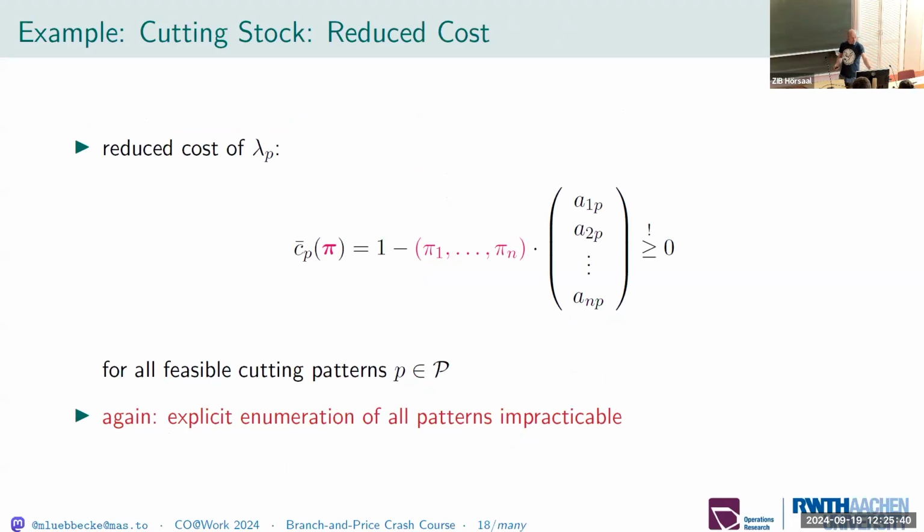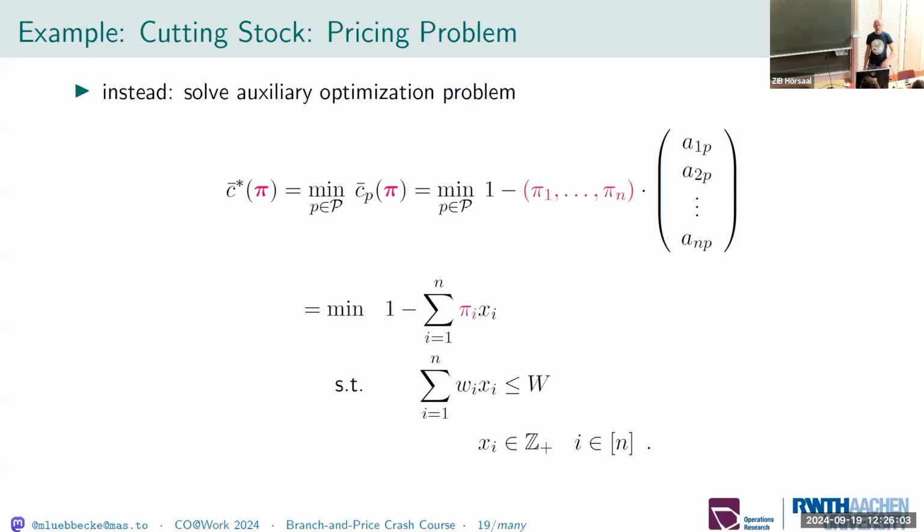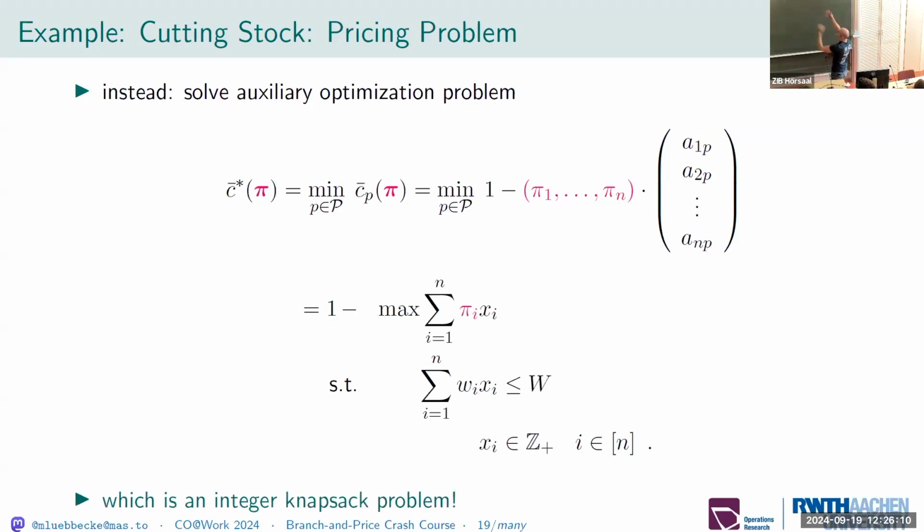And as I said, this is what I want to compute for all the patterns, and I cast it as an optimization problem by saying, this is the objective function. It's a linear objective function. I want to minimize the reduced cost over all the patterns. And thankfully, I know exactly how the patterns look like. We said these were non-negative integer vectors, and they have to satisfy a knapsack constraint. So I can cast this as an optimization problem, and slightly modifying it makes it even more obvious that this is a knapsack problem.